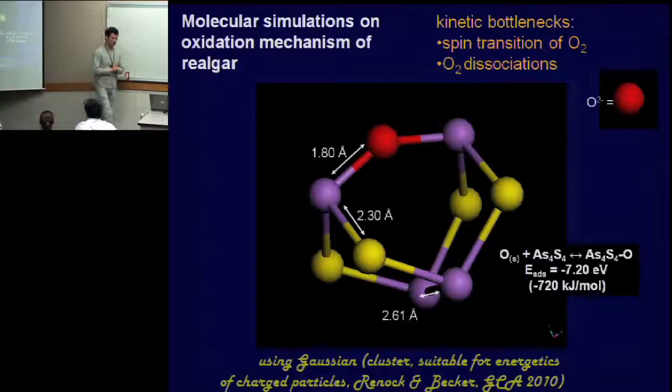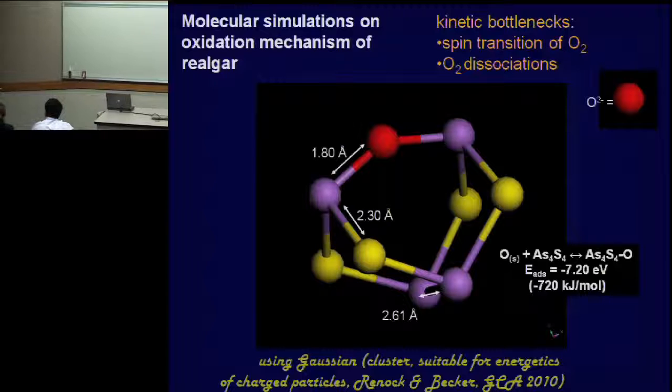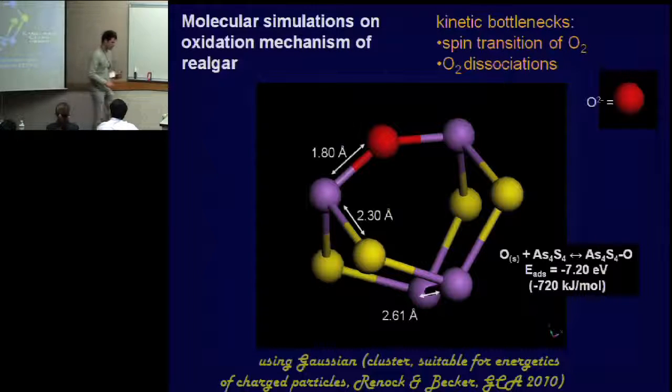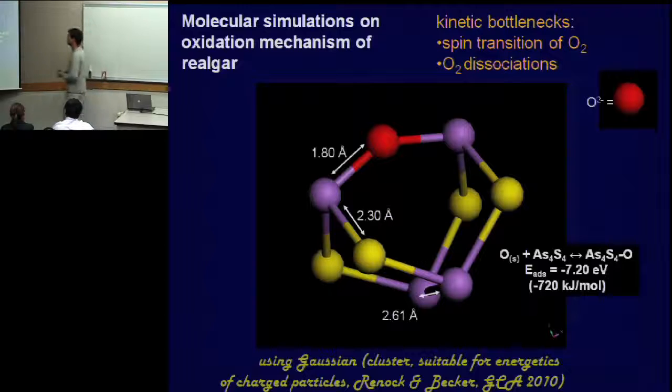There are different kinetic bottlenecks that hinder it. So it would start somewhere up there, being paramagnetic. So it would come in with two unpaired spins, and it doesn't want to change its spin to become diamagnetic, which it would be here.